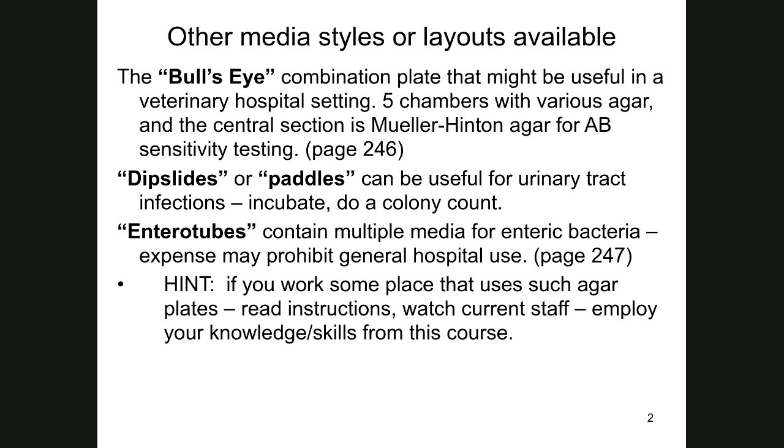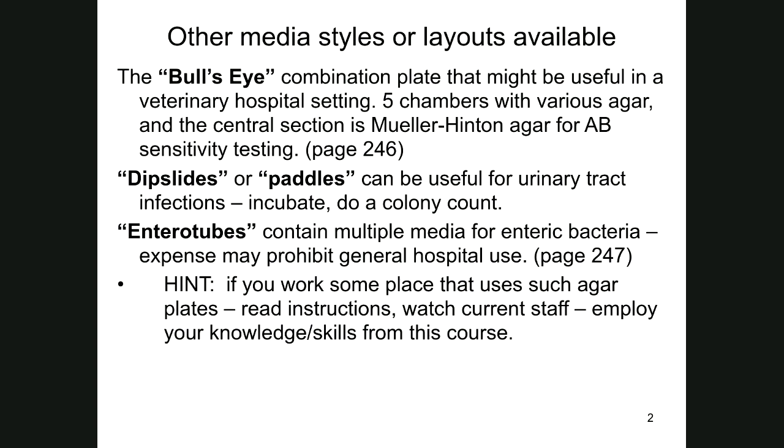Okay, so where we had left off on Part 1, I introduced some basic media, and continuing here on page 246 in your textbook are some other types, and again, paying attention to items in bold are things that could be test questions on an exam.